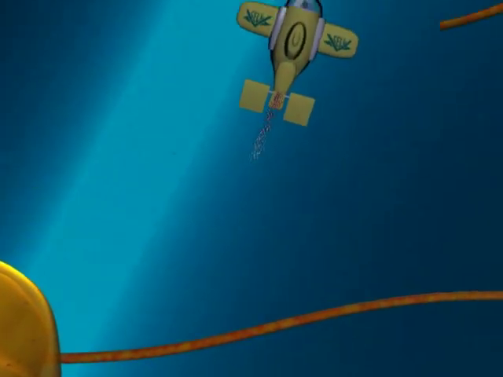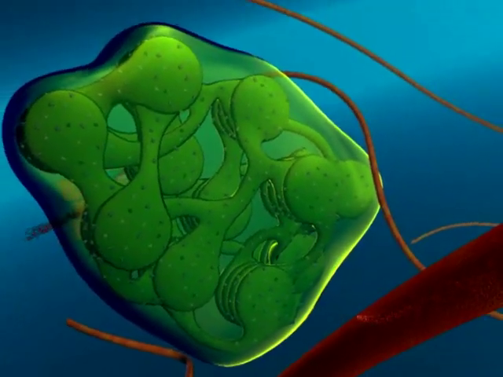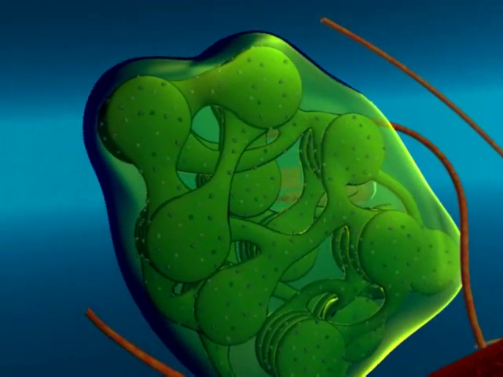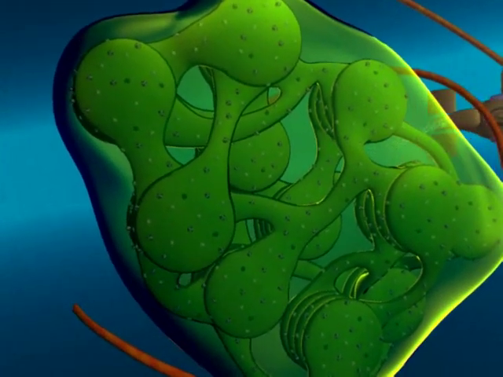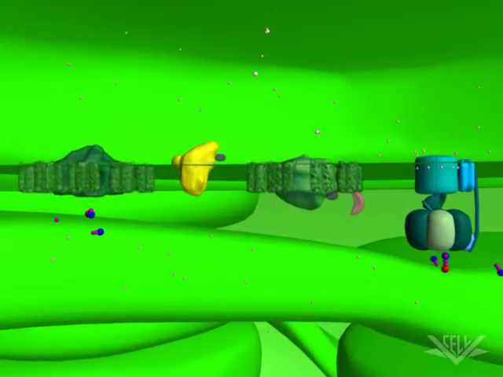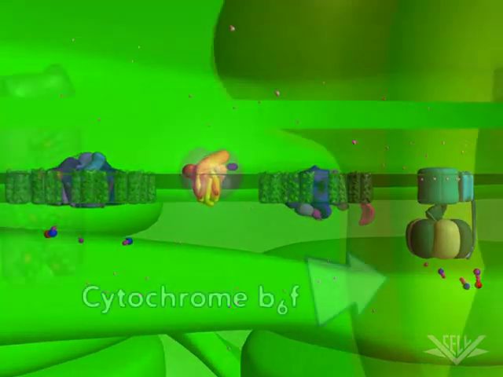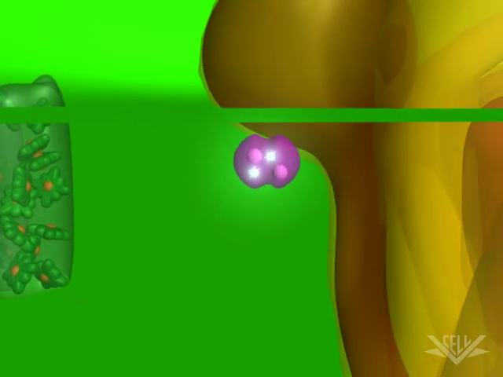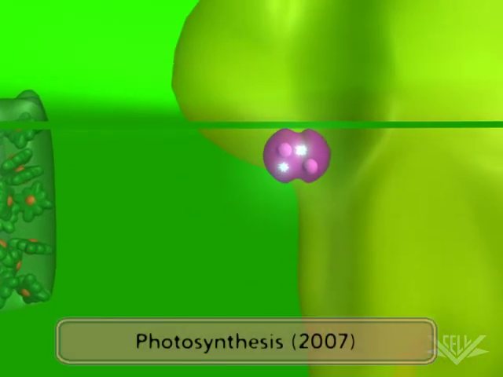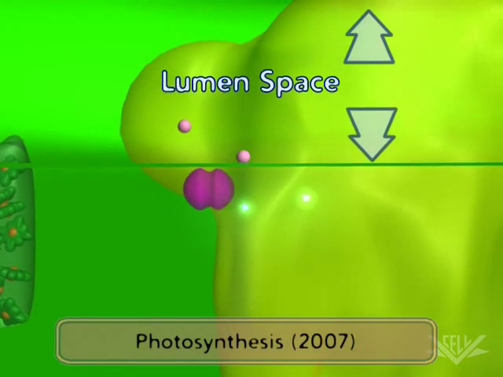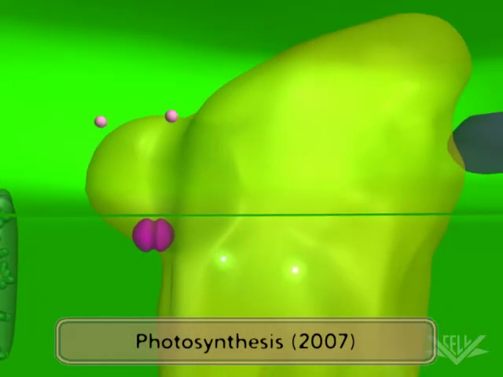Finally, we see an organelle only found within plant cells. This is the chloroplast. Here, light energy from the sun is converted into chemical energy in the form of ATP. As with the electron transport system, electrons are passed from one carrier to another, and protons are passed across the membrane.